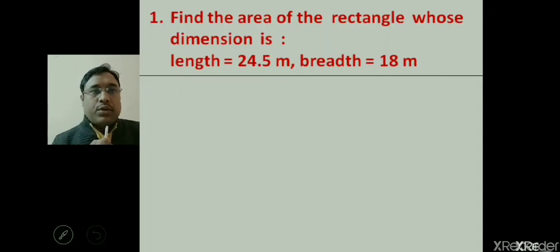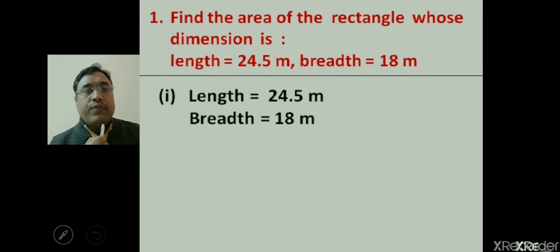Based on this formula, you can solve this: find the area of this rectangle whose dimensions are length 24.5 meter and breadth 18 meter. How will you find the area? First write the given: length equals 24.5 meters and breadth is 18 meters.